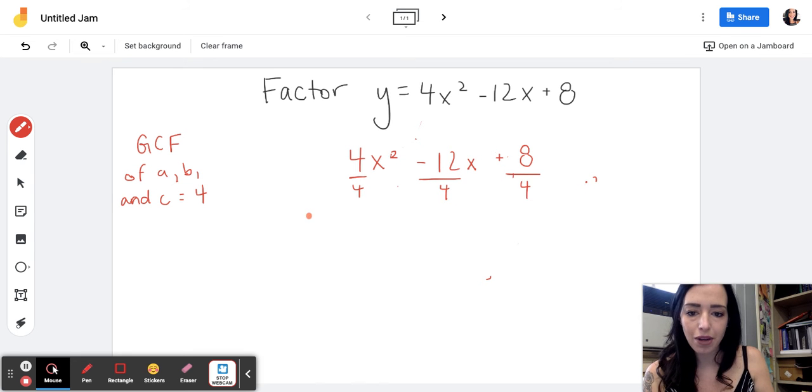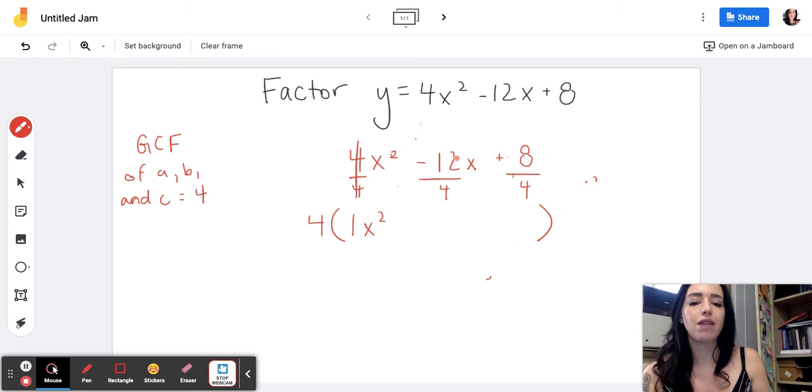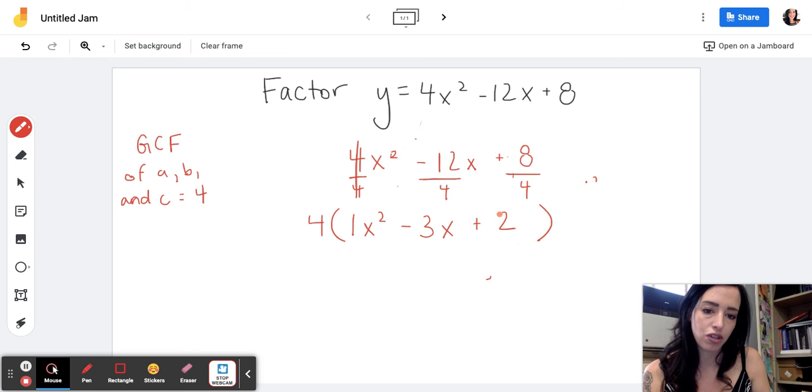While doing that, I'm going to pull out the 4. So 4 divided by 4 leaves me with 1x squared. Negative 12 divided by 4 leaves me with negative 3x. And then a positive 8 divided by 4 leaves me with a positive 2.